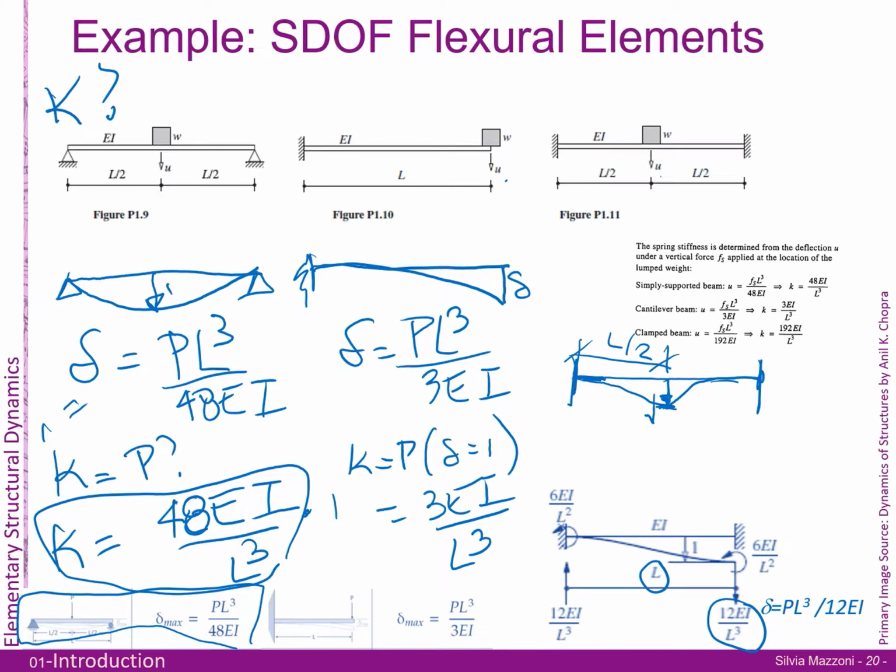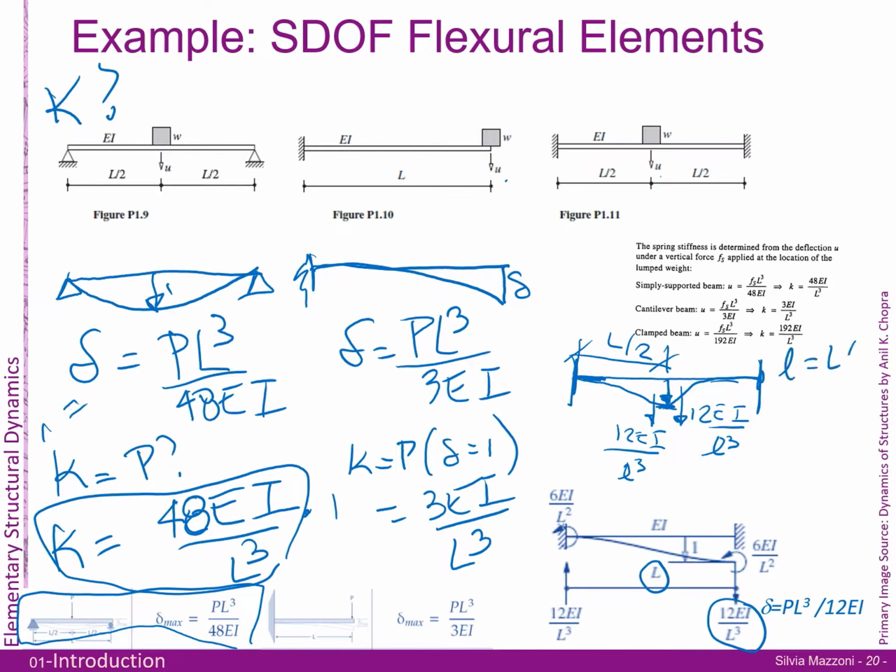So I require 12 EI over L cubed, but here L is actually L over 2. And so if we plug that in, I have very little room here.